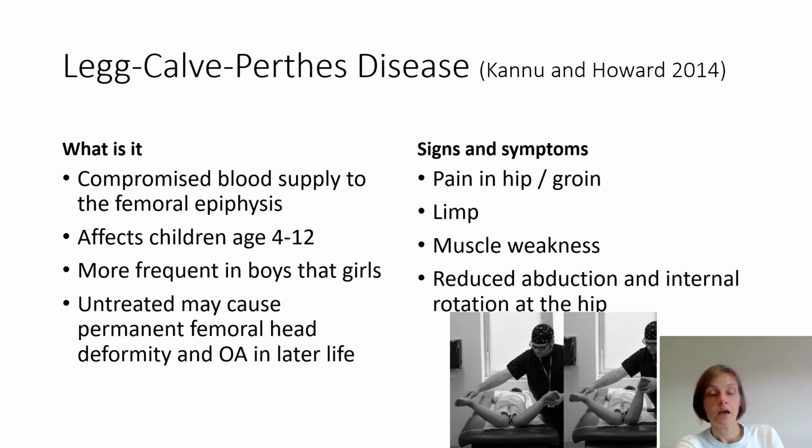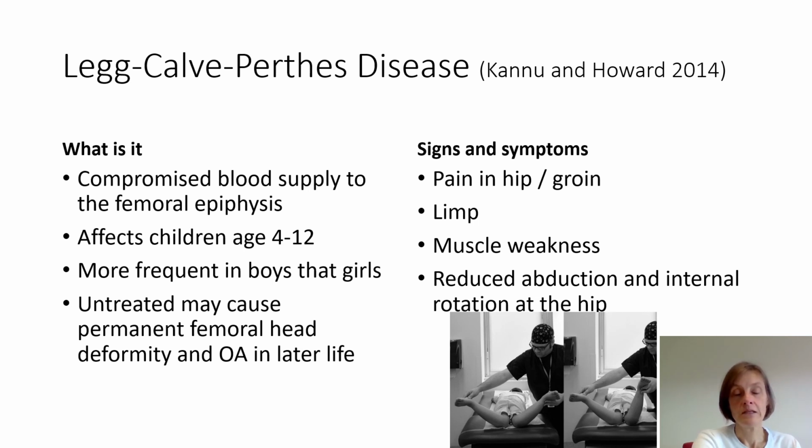Now thinking about one of the typical problems that we might see, which is not necessarily in older people but often starts in early life: Perthes disease, or Legg-Calvé-Perthes disease, is where the blood supply to the femoral epiphysis, the growth plate of the head of the femur, is compromised.